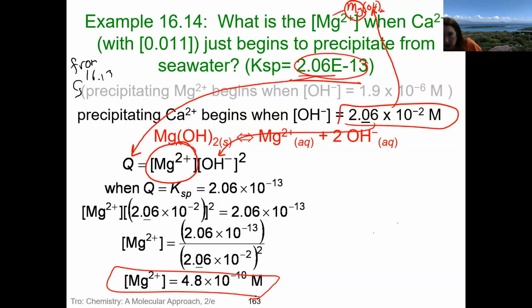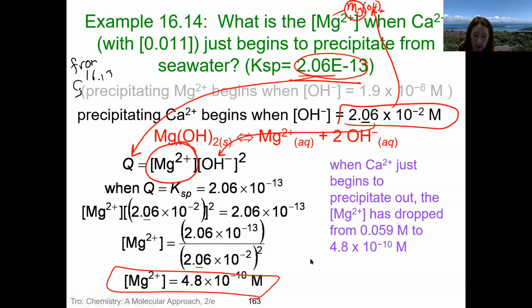Okay, that's what it means. So magnesium's concentration originally in seawater was 0.059. So when calcium just precipitates out, the magnesium dropped from 0.059 to 4.8 times 10 to the negative 10th. All right, questions on this one? This one's kind of crazy.